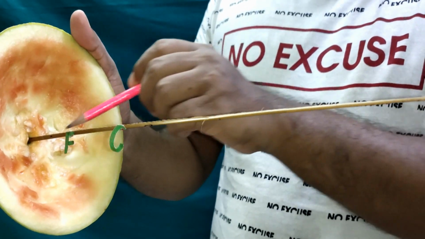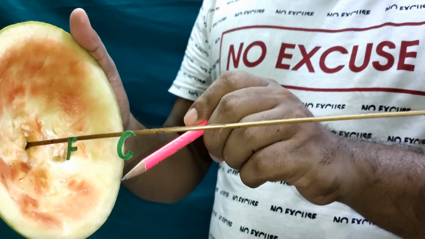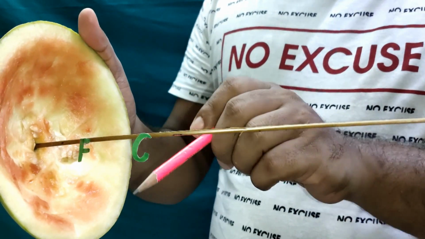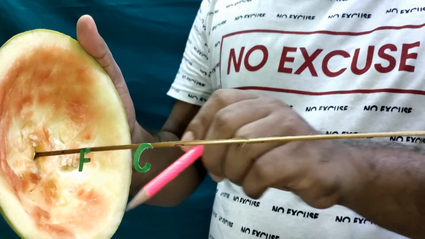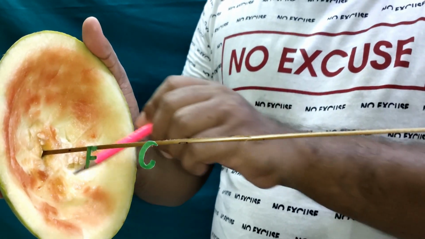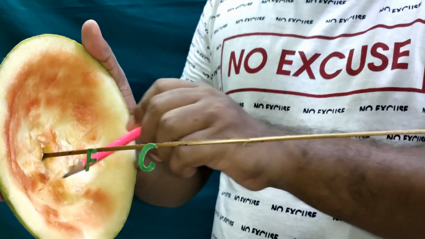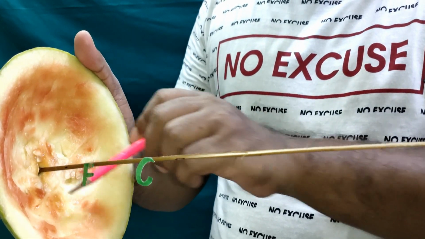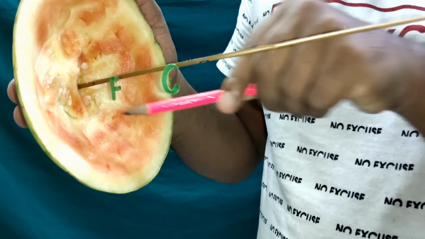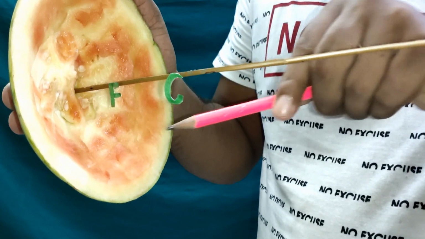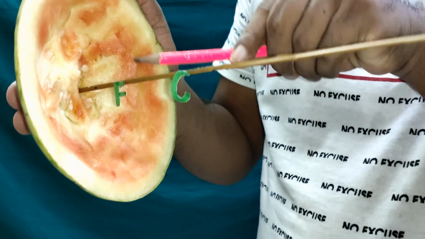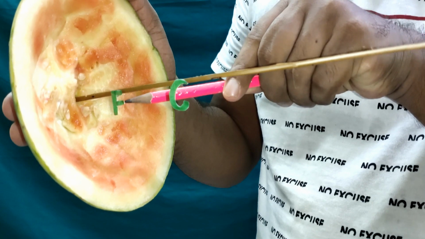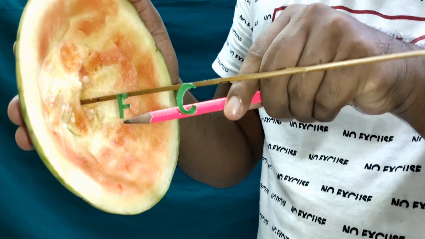The distance between pole and center of curvature is called the radius of curvature. It is denoted by the symbol capital R. This is the third term. So this is the radius of curvature. The midpoint of this radius of curvature is called the focus.